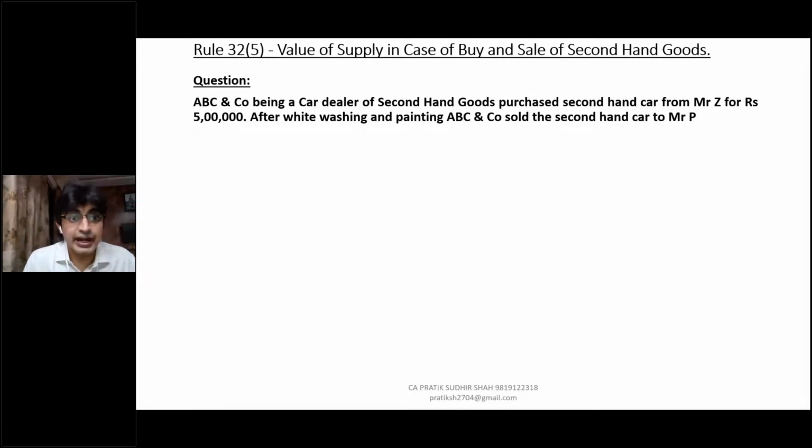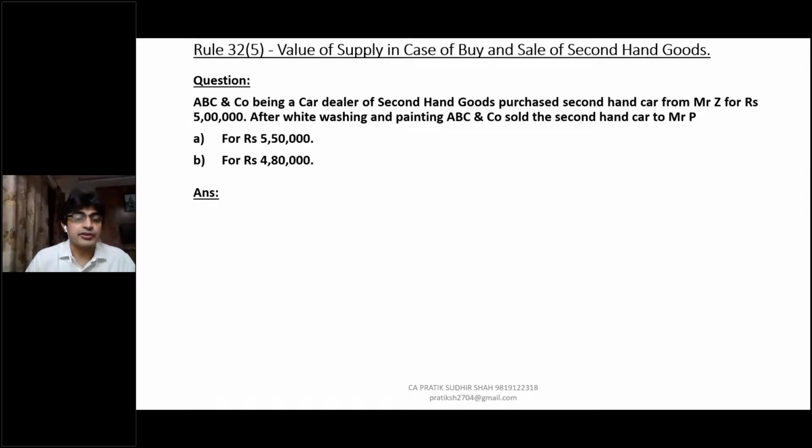See this. Question number 2. ABC and Company, being a car dealer of second-hand goods, purchases a second-hand car from Mr. A for rupees 5 lakh. After a minor change, just some painting, it sold the second-hand car to Mr. P. In the first scenario, it sold the car for 5,50,000. In the second scenario, it is selling for 4,80,000.